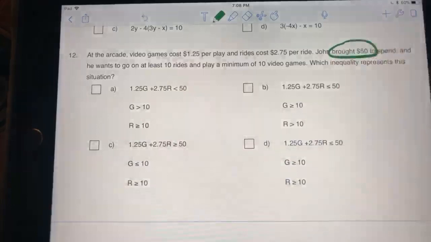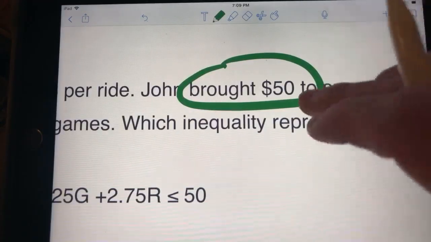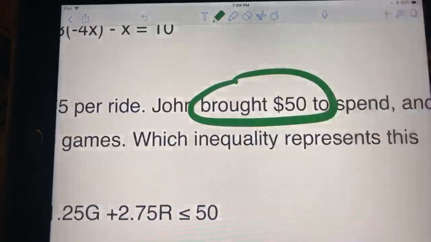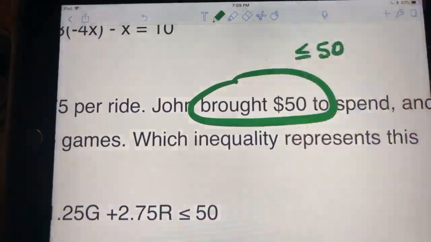That's an example of something that's not a vocab word. You kind of have to understand the situation. If you have $50 on you, what symbol would you use to represent this? Obviously, what's the most you can spend? $50. You can't spend more than that. So this is actually saying less than or equal to 50.